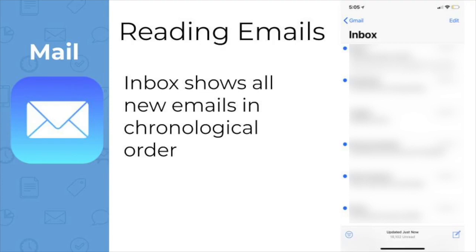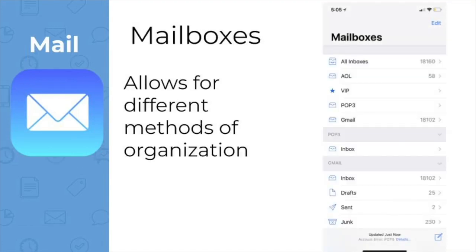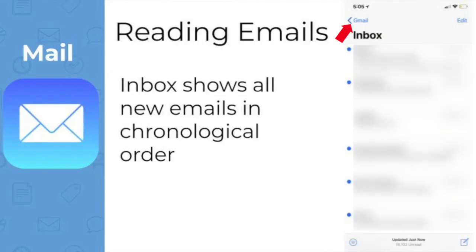You can also delete emails from this screen by pressing the edit button in the top right corner and then selecting any email you no longer want in your inbox. This is also the screen where you can compose a message, which we'll take a look at in a couple of slides.